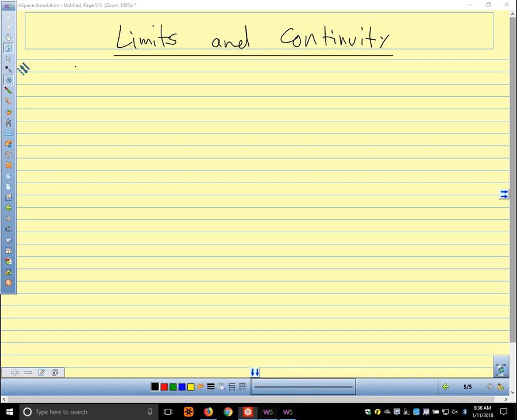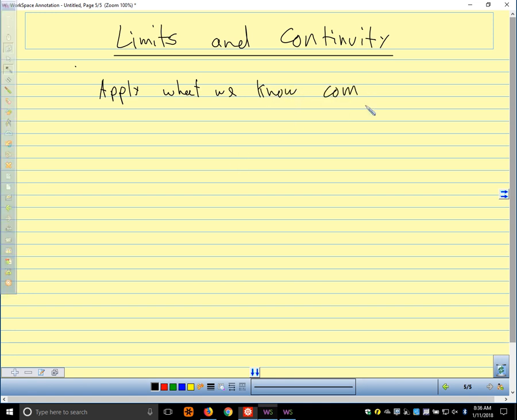So, limits and continuity. Because of what we know about vectors, and because of what we know about applying limits to functions, what we do with limits and continuity is apply what we already know component by component. So we find the limit of each component.